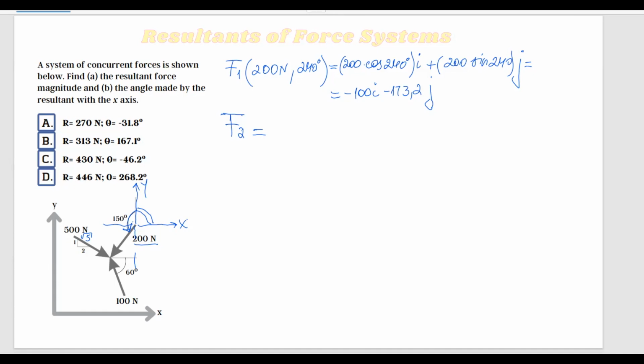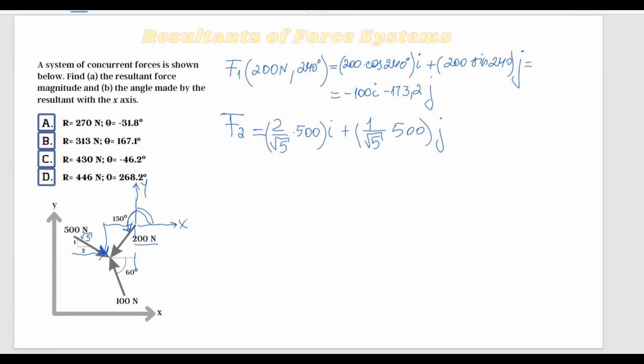And so the x component is going to be equal to 2 over square root of 5 multiplied by 500, and this is I, plus 1 over square root of 5 multiplied by 500, and this is J. In this case, we have to acknowledge the fact that the x component of this force is going to be directed towards the positive side, and the y component, or the j component, is going to be directed downwards, which is towards the negative side.